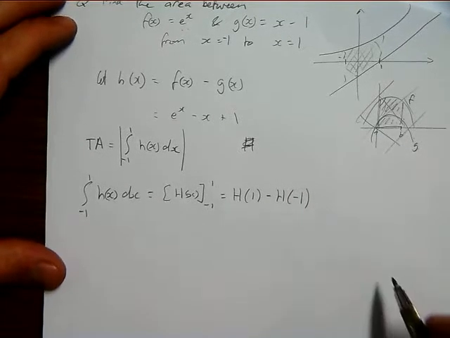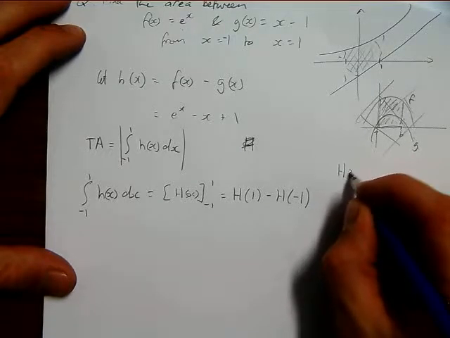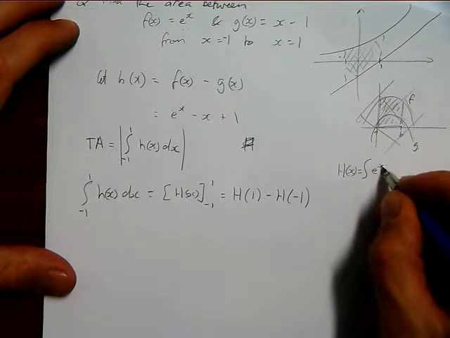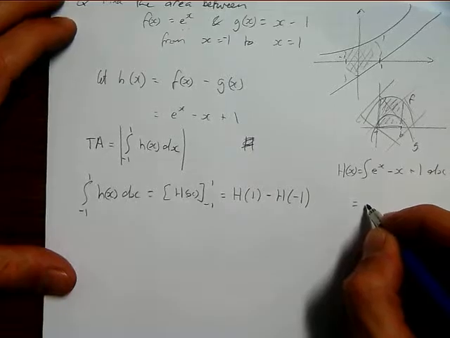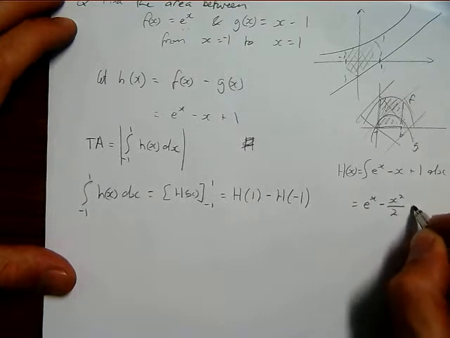This bad habit of going across. So I need big H, so big H is going to be the integral of e to the x take x plus 1 dx, which is e to the x take x squared on 2 plus x.